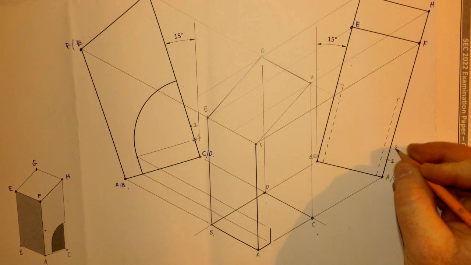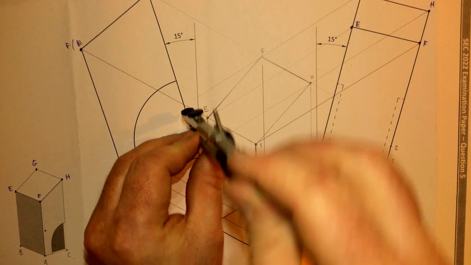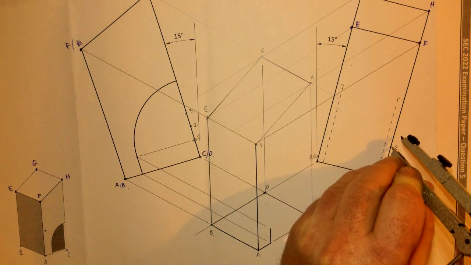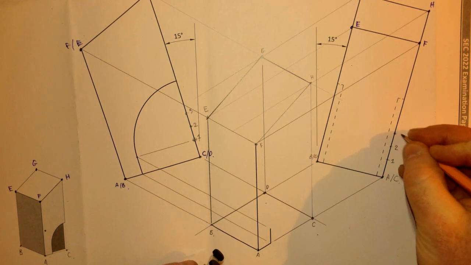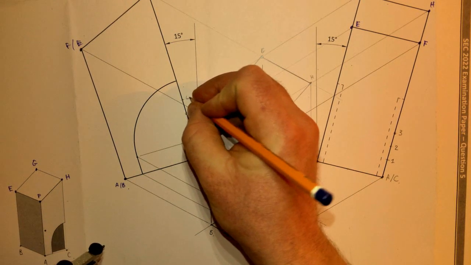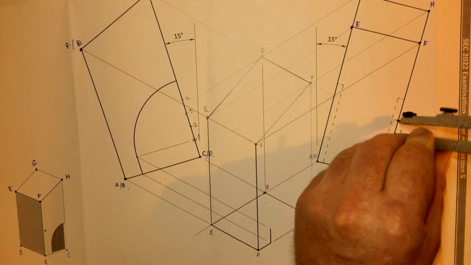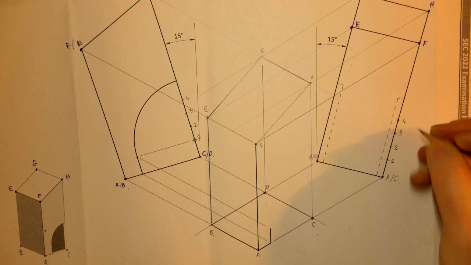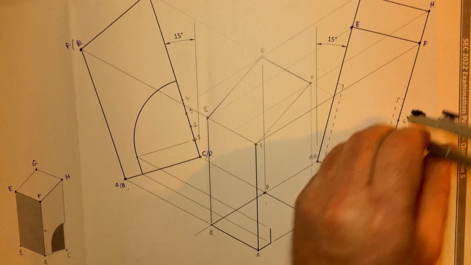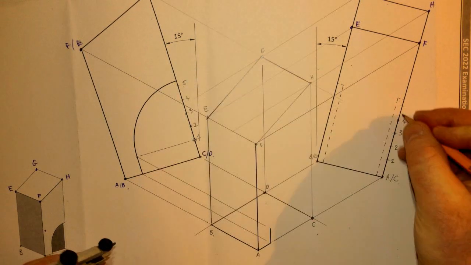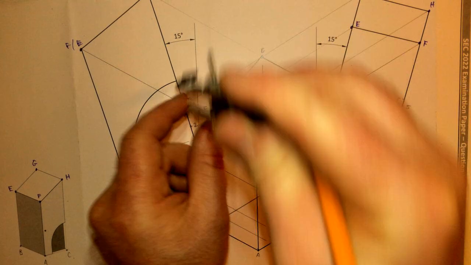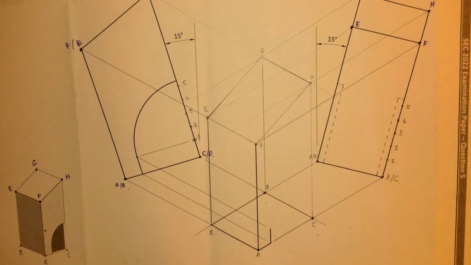I'll show you in the end view in a minute why we need it here. 2. 3. 3. 4 in the elevation. 4 in the end view. 5. 5. 5 in the elevation, 5 in the end view. Now you won't get a 6th out of it because the compass setting is overshooting where I want to go, and it's overshooting here, so that's okay. We can leave it at that.